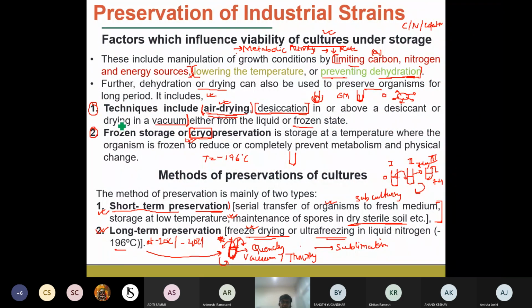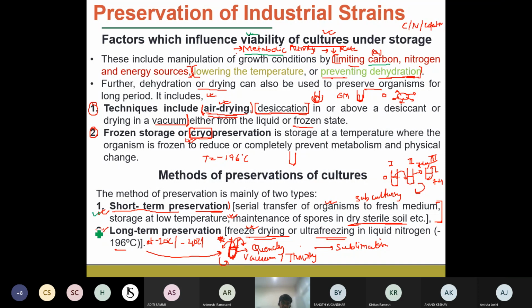Then we looked at how, if you want to maintain the viability of the cells, that is, maintain the metabolic activity, it can be done by changing the growth media components, that is, by limiting the carbon, nitrogen and energy sources, maintaining the temperature, preventing dehydration and so on.